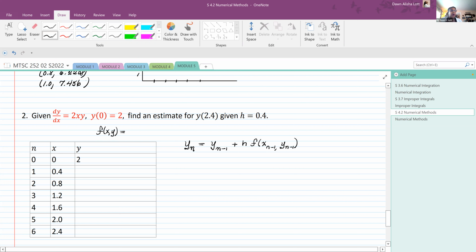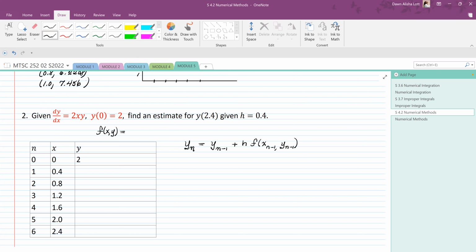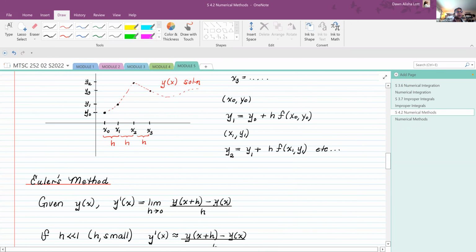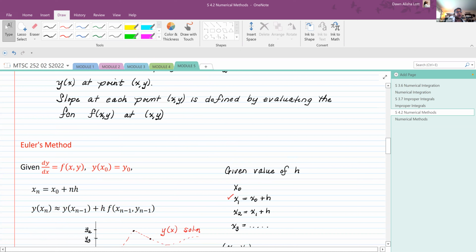What is f of xy? Remember the original form, dy/dx was equal to f of xy?